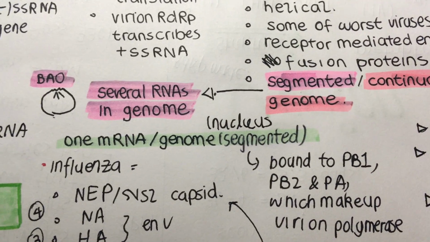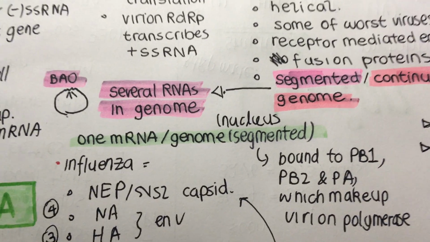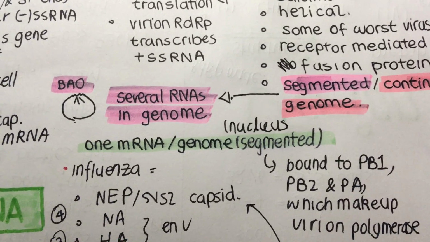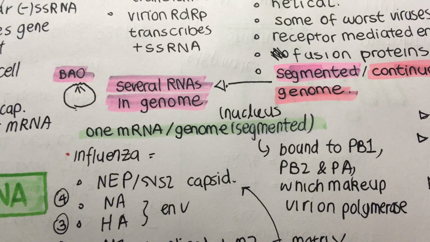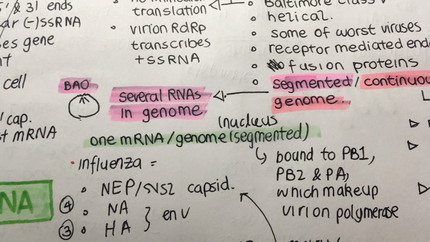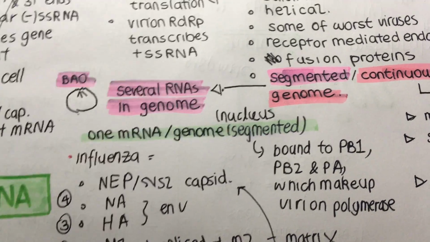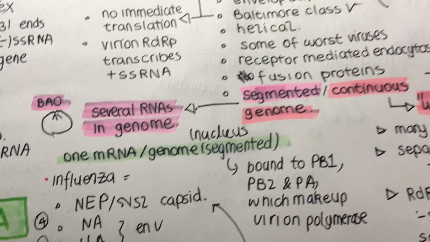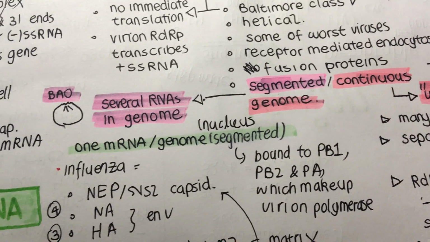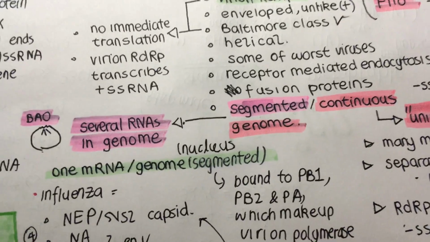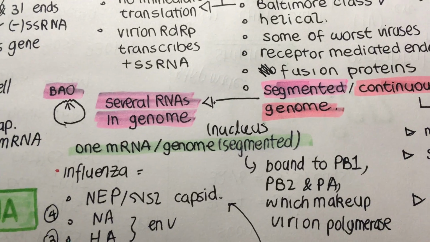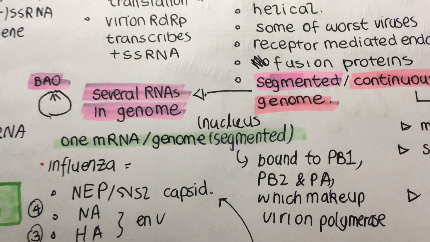One specific example we're going to look at is the influenza virus, which belongs to Orthomyxo. Influenza has about 8 segments, and these 8 segments encode for 8+ different proteins, each mRNA coded by a different segment, which then codes for a protein.